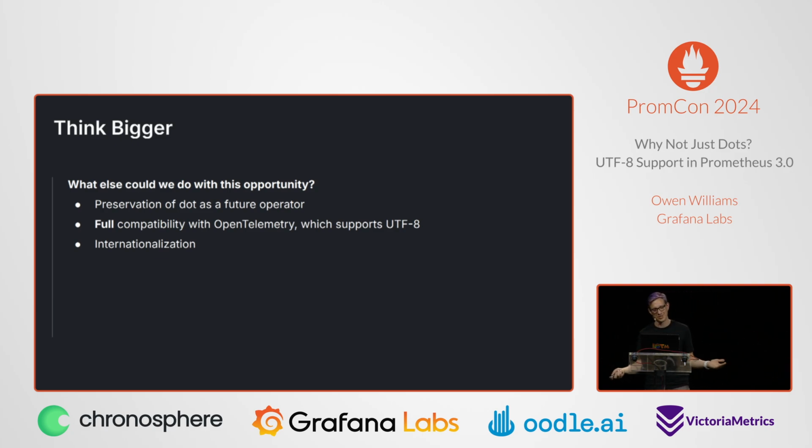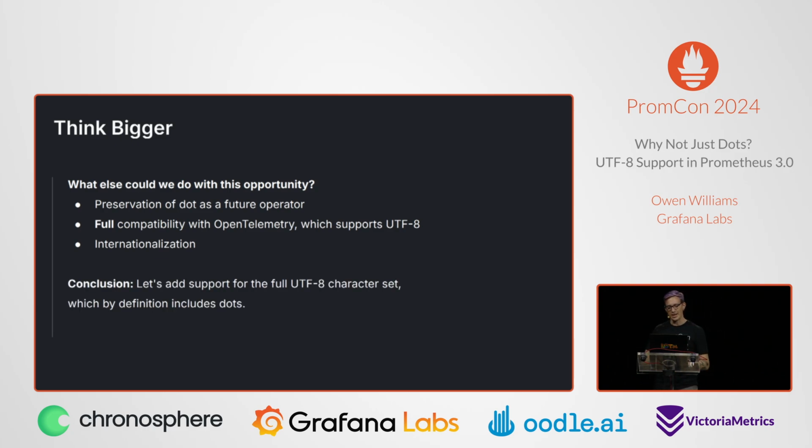There are a lot of languages around the world, and the strict English alphabet is woefully inadequate to the task. Allowing users to specify metric names in their own native language, whether it's just adding accents or using completely different character sets, even right to left languages, should absolutely be supported, and I think is a foundational part of making Prometheus a more open and accepting platform for everyone to use.